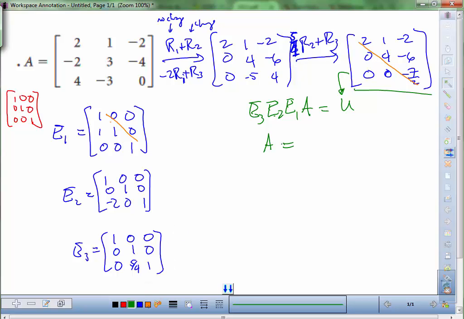Or if we want to grab this whole product of matrices and take the inverse of that, the inverse of a product is the product of the inverses in reverse order. E1 inverse, E2 inverse.